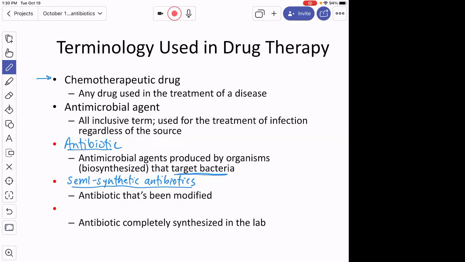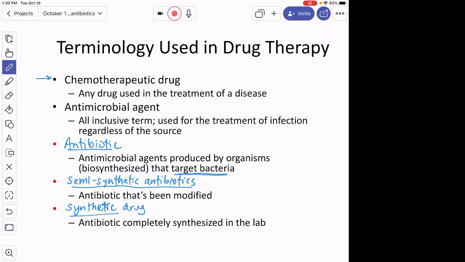But there are a few that are synthetic. There are a few that are considered synthetic drugs. We still consider them antibiotics, even if they have been fully synthesized in the lab, if they target bacteria.